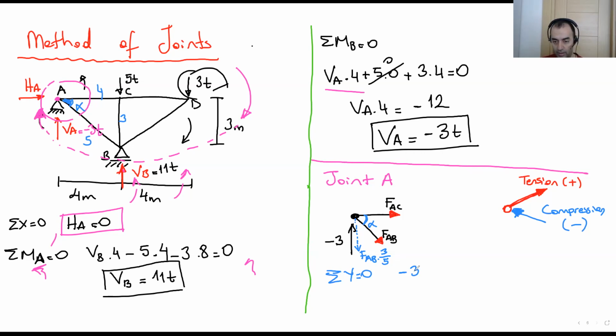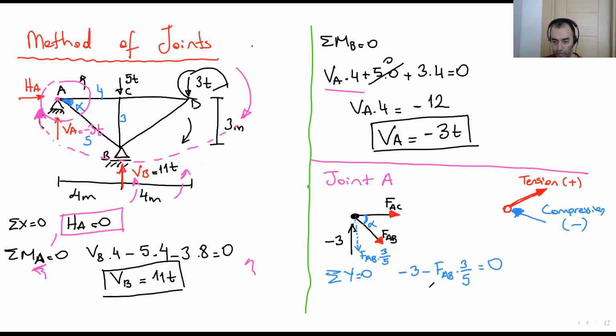Okay, let's write it. And this one goes down, minus FAB times 3/5 in the vertical direction. There is no more force here, equals 0.